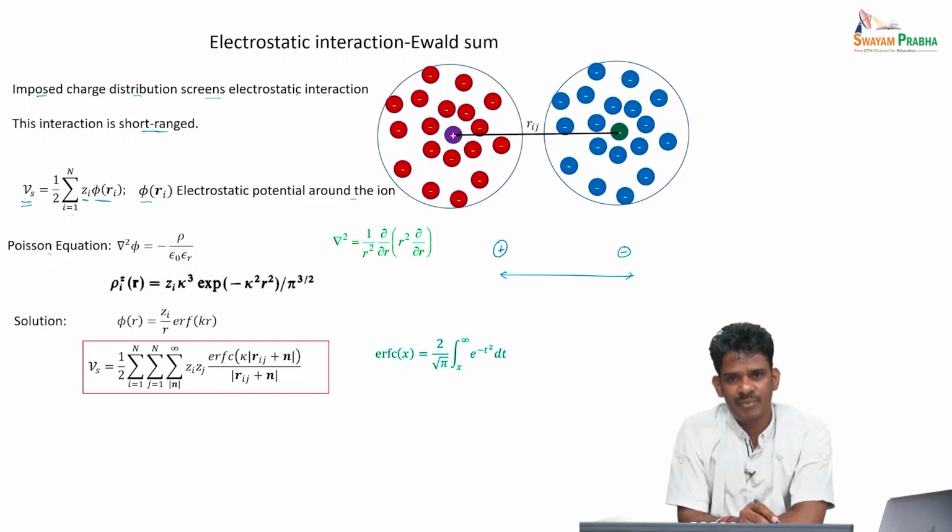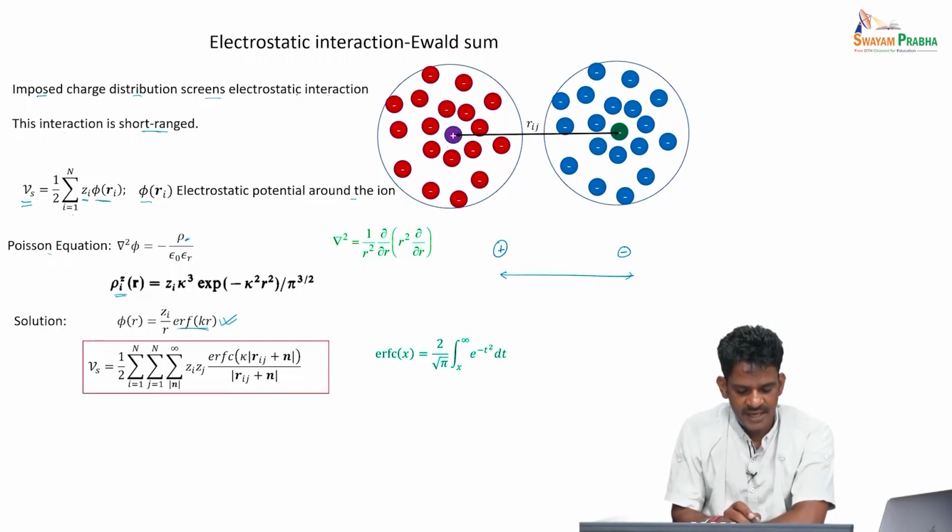Del square is a Laplacian operator, and this rho here is something that we know, because we know that the counter ion distribution follows a Gaussian distribution. This is something we have imposed. So, we substitute this charge distribution in this equation and then we solve for potential phi, and the general solution for this particular method would be proportional to 1 by r times the error function of kappa r.